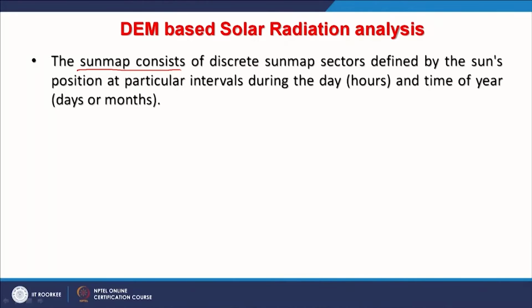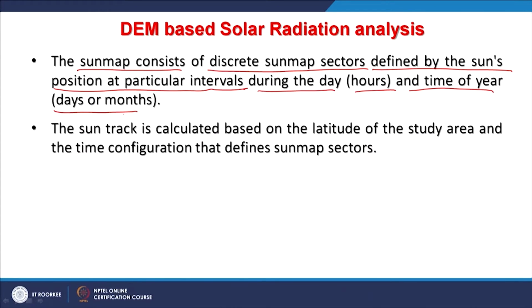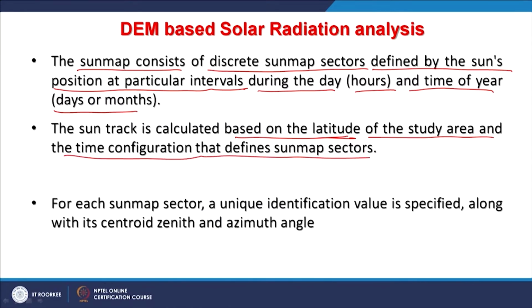Now, this sun map will consist of discrete sun map sectors defined by the sun's position at particular intervals during the day, hours and time of the year. The sun track is calculated based on the latitude where your study area of interest is located, and the time configuration that defines the sun map sectors.